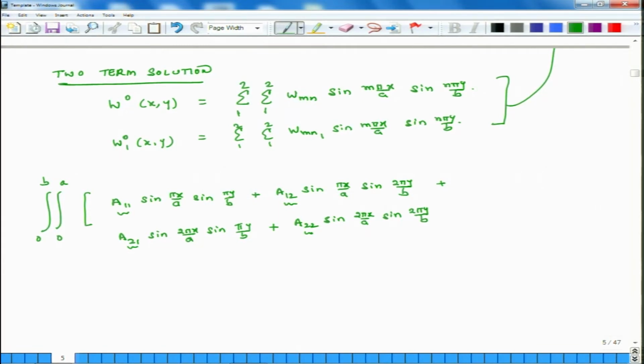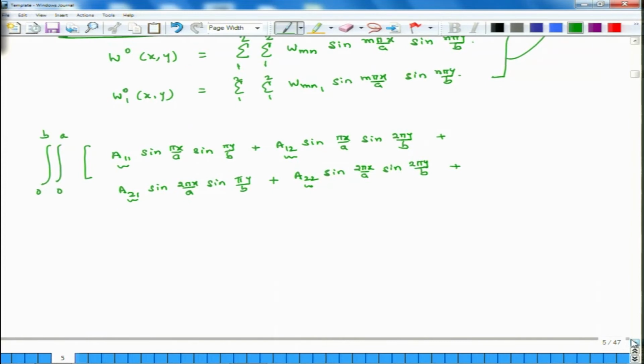So, these are the sine terms, and then I get cosine terms.